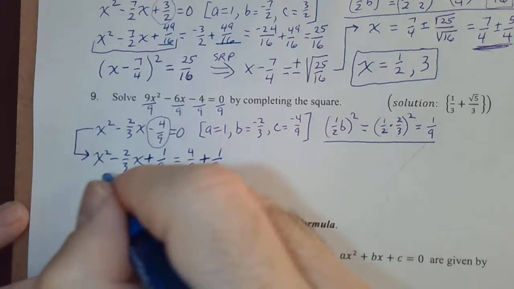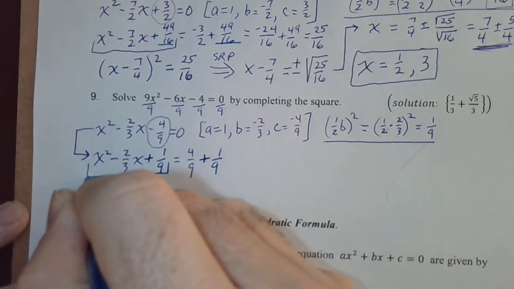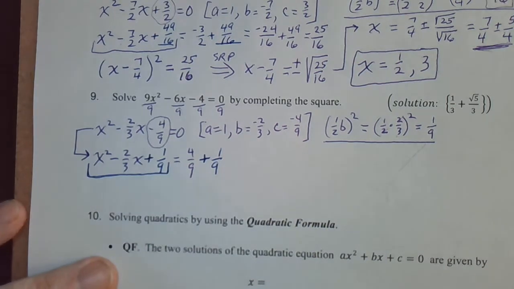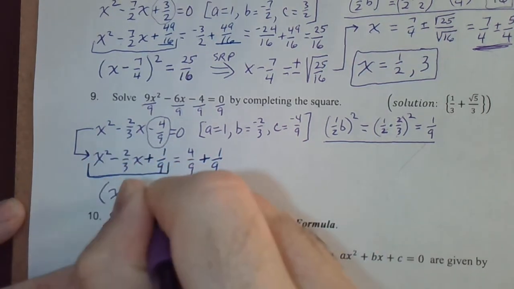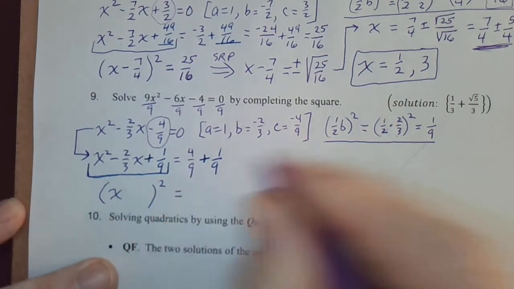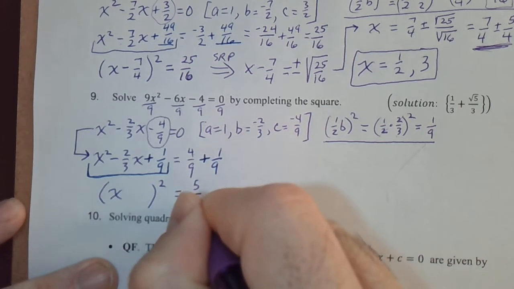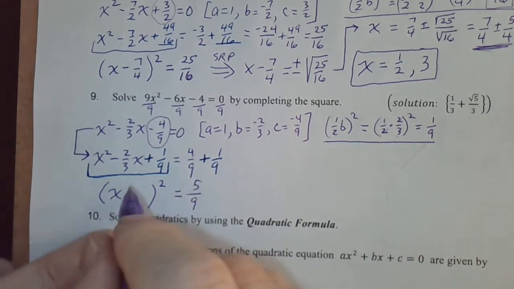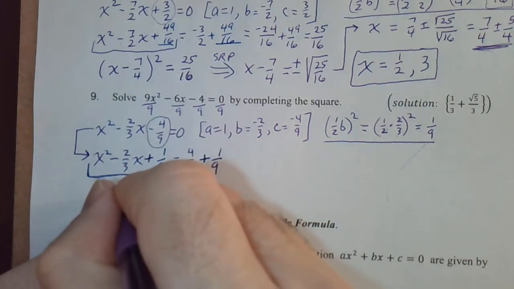And now this left-hand side is a perfect square. Doesn't look very nice, but it's going to be in parentheses x, leave some space, something squared equals 4 over 9 plus 1 over 9 is 5 over 9. And what number goes here? Is it positive or negative? Well, it's negative because this is negative.